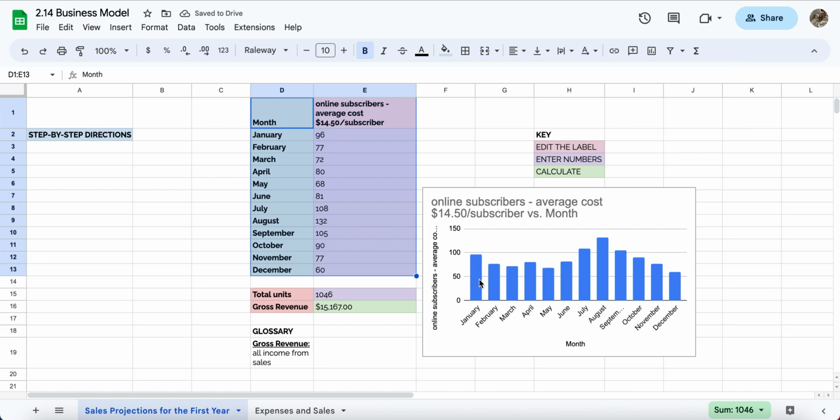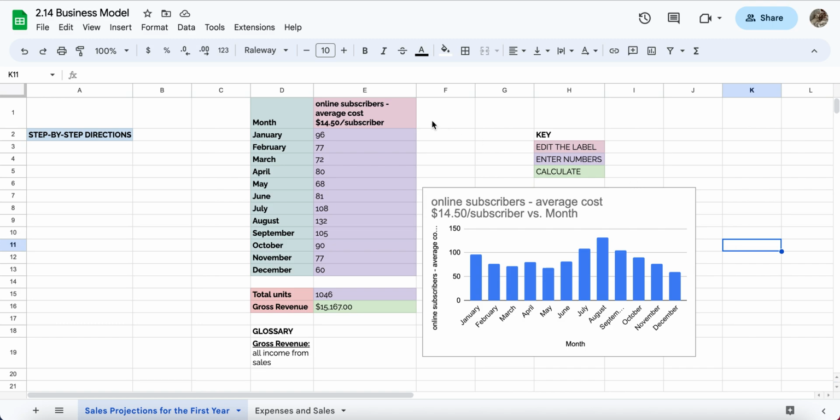And now we can see how your product or service is being sold throughout the year on this graph. Please be sure that you do actually select the month and your units and average cost so that it's included, because otherwise it will be unclear as to what this graph is. And that is how you complete these steps.